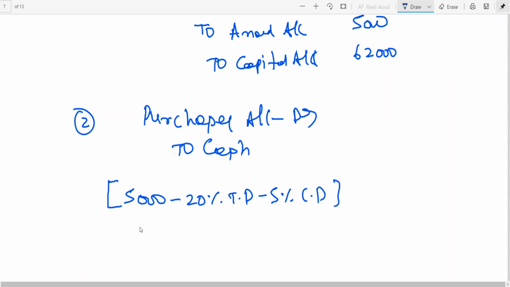Trade discount, cash discount. 5,000 minus 20% on 5,000. 1,000, no?